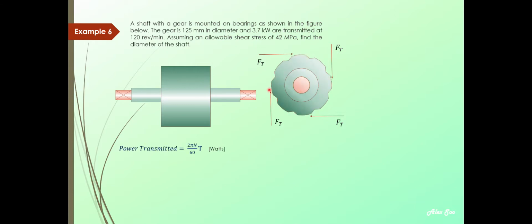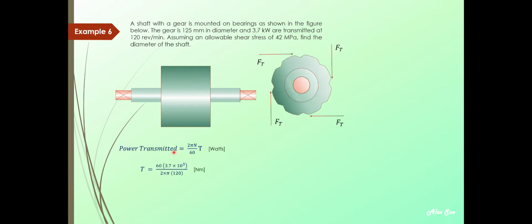The first thing is the power transmitted, which can be determined from the power formula below, where the speed is given as 120 revolutions per minute and the power is given as 3.7 kilowatt.